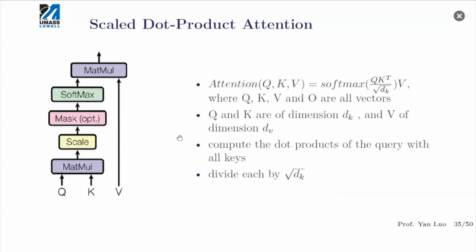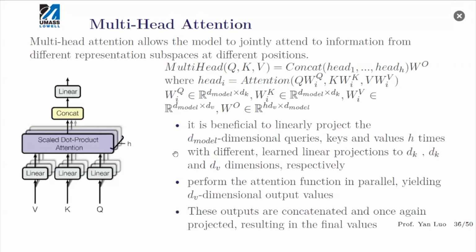Before I move on to the multi-head, this is essentially the core self-attention computation in this transformer model. So we have these Q and K and this value as the input. The scaled dot product attention is the foundation of this multi-head attention.